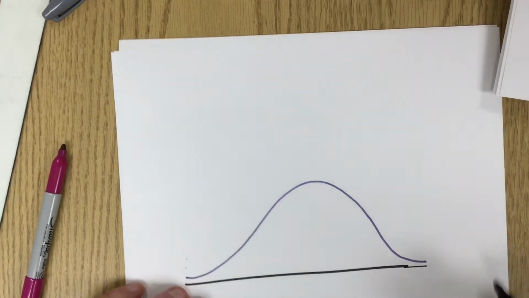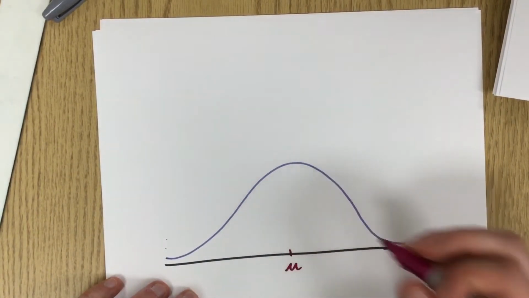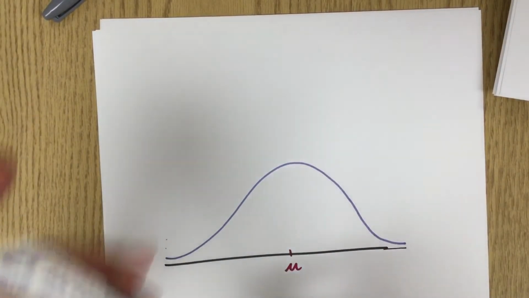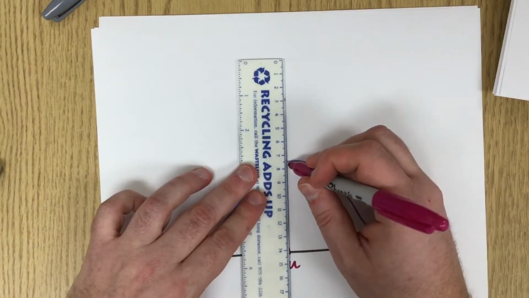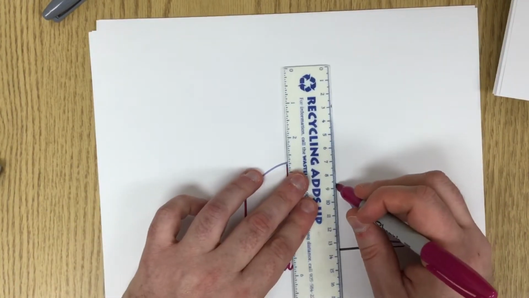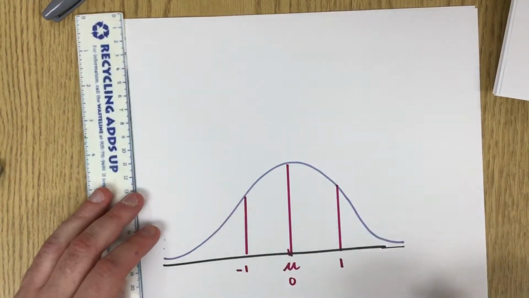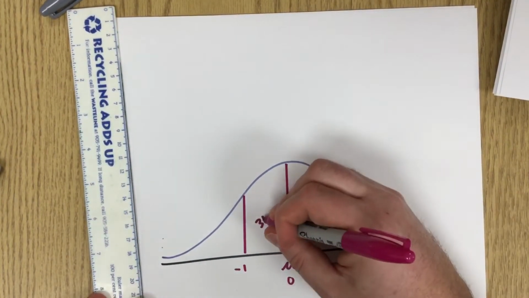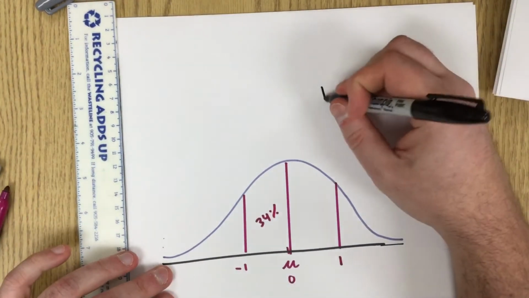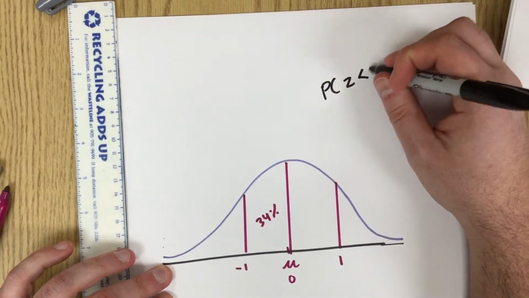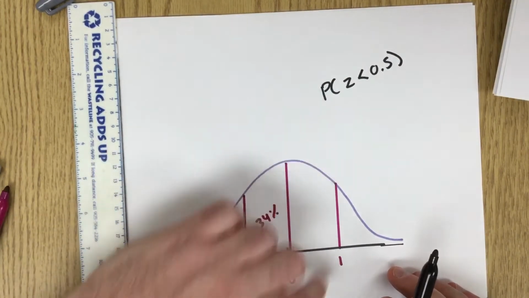So what we're going to have is, if this is the mean over here, and so this is the z-score of -1 and 1, and so here the z is 1, and there the z is -1. And remember that the whole thing is 34%. But let's say I wanted to know what is the probability that z was less than 0.5. So I wanted a z-score that was kind of in the middle.